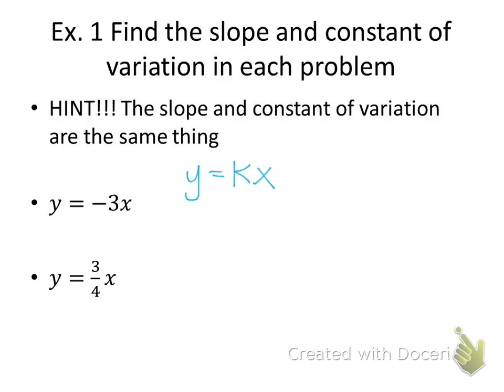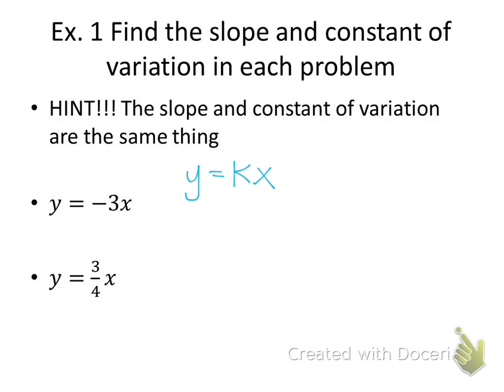Always. That'll make more sense about the slope part whenever we go to do slope-intercept form. But until then, just know the constant is always the number in front of X, and the slope is always the number in front of X.